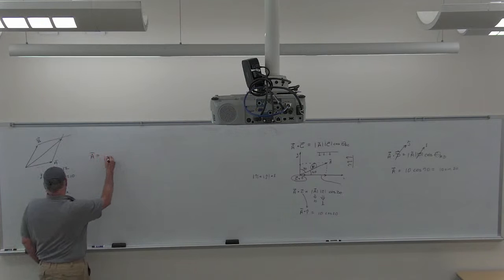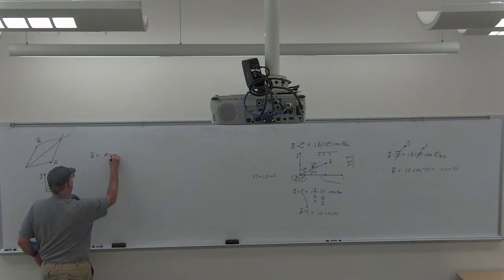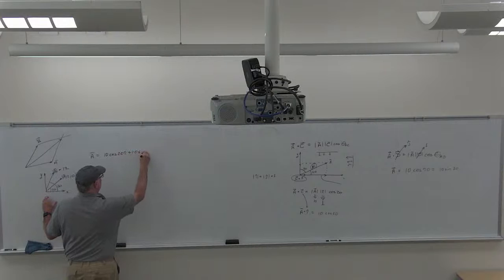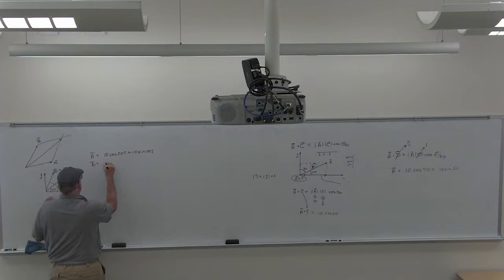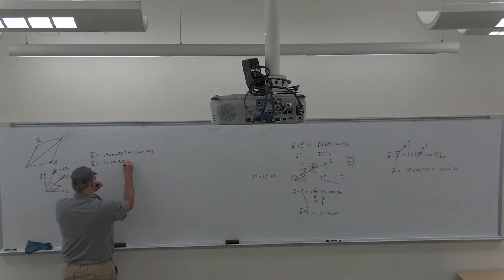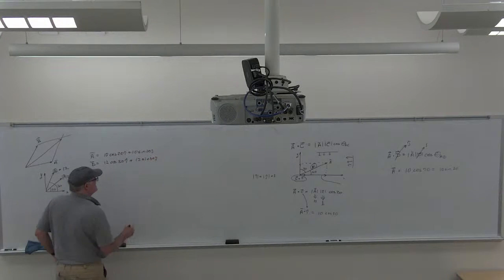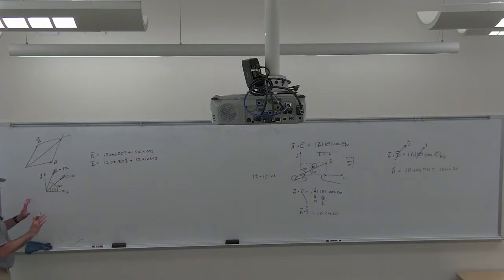Okay, A is equal to, sorry about that, 10 cosine 20i plus 10 sine 20j, and B is equal to 12 cosine 30i plus 12 sine 30j. Now I'm going to do something interesting. You look at these two vectors. What's the angle between those two vectors? Okay, you already know that. You can see it.